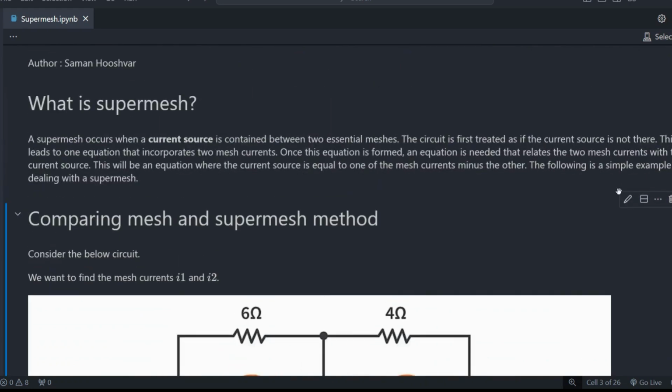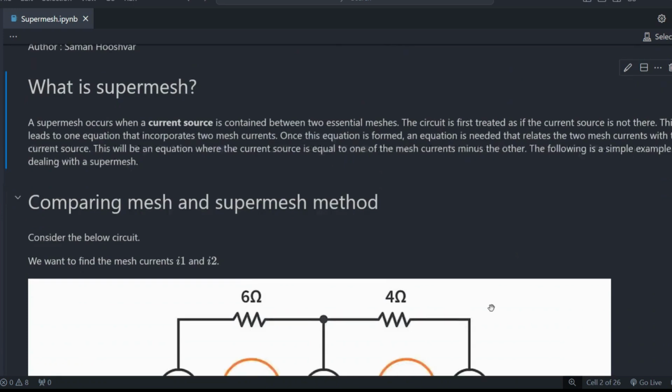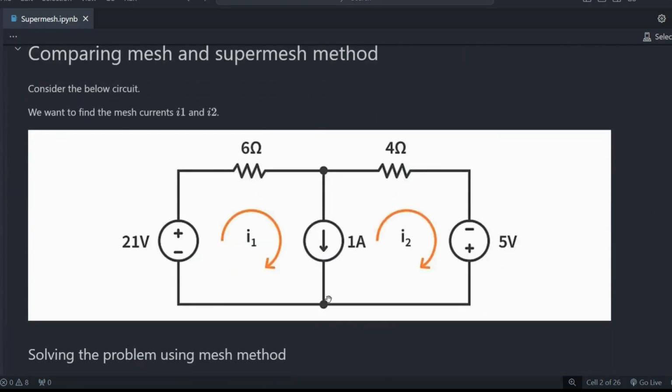We have to first treat the circuit as if the current source is not there, and this will lead to one equation that incorporates two mesh currents. Once this equation is formed, we need another equation because we are not going to be able to solve one equation with two unknowns. We form that other equation by coming to the current source branch that we first ignored.